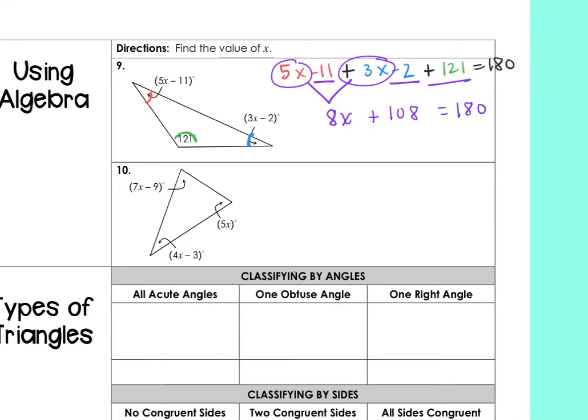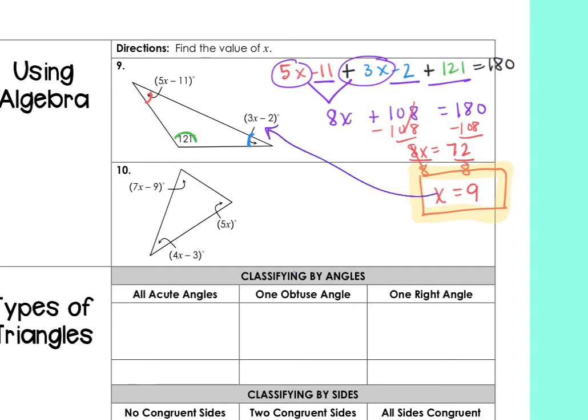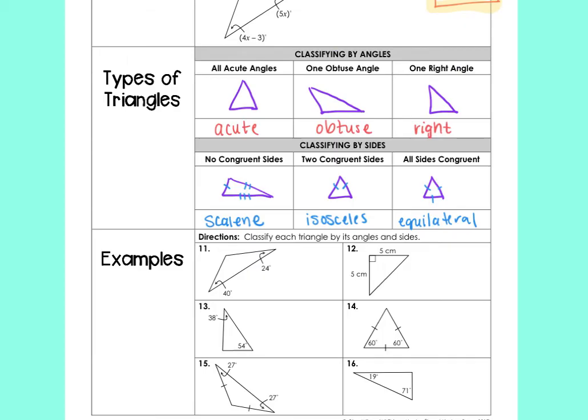Now you will solve the two-step equation. The answer is x equals 9. Don't forget, you can always plug 9 back up into the triangle, into each of these angles, and double check that it actually does work out to be 180 degrees.